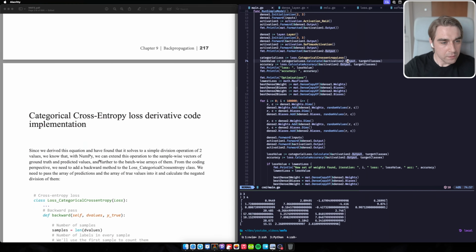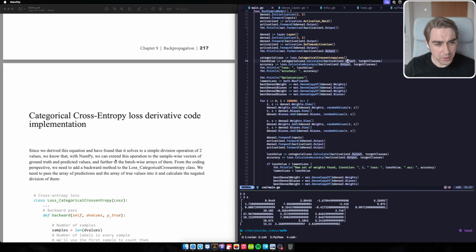Since we derived this equation and have found that it solves to a simple division operation of two values, we know that with numpy we can extend this operation to the sample-wise vectors of ground truth and predicted values, and further to the batch-wise arrays of them.